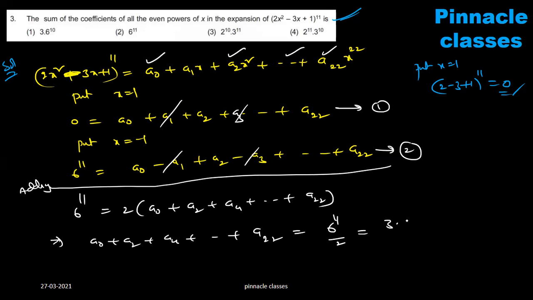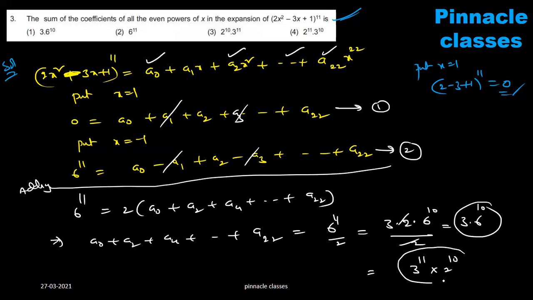We can write it like this: 2 cancels, 3 into 6 power 10, which is 3 power 11 into 2 power 10. Be careful. So what are the options? A and C. It is a multiple choice question.